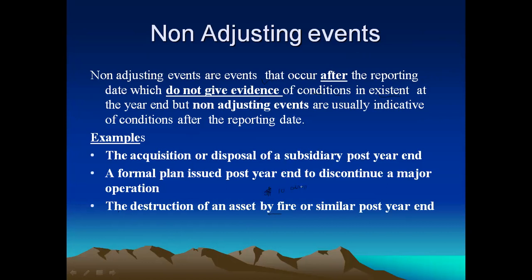This stock was destroyed after 31 December. Are we supposed to go and correct our closing stock at 31 December? No. Why? Because there wasn't fire at 31 December, but this fire occurred later on after the reporting date. So we are not supposed to go back and adjust. So we call it a non-adjusting event.